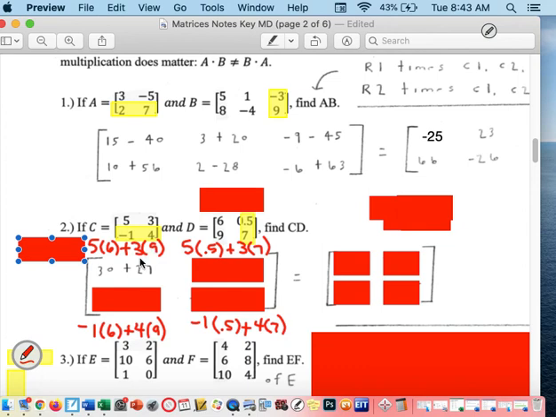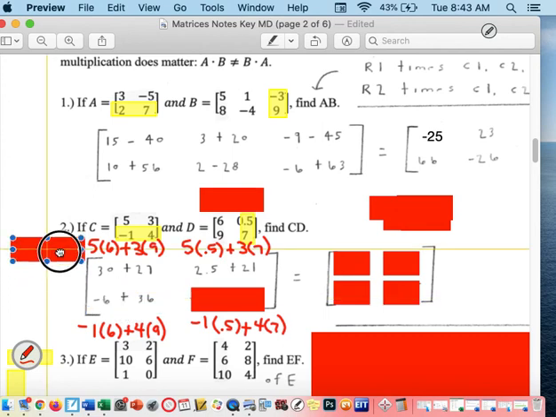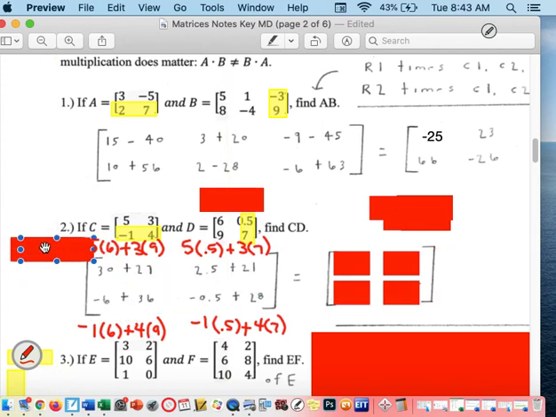So we're going to 30 and 27, 2.5 and 21, negative 6 and 36, negative half and 28.